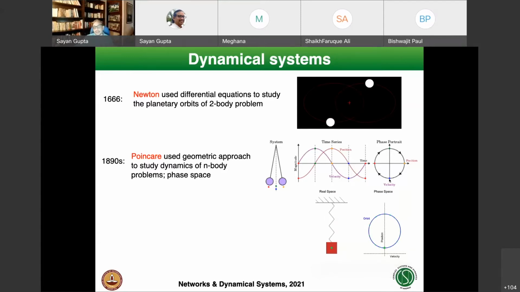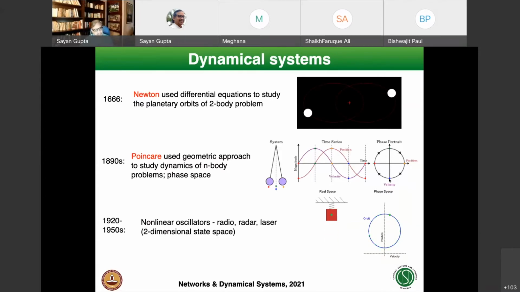So this paved the way for the study of dynamical systems in a different approach, and that started the state space approach. This was also the first time which enabled people to look into more complicated problems.